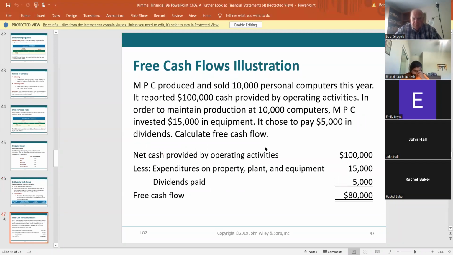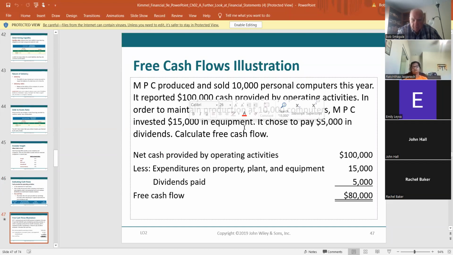MPC produced and sold 10,000 personal computers, and it did its cash flow statement, and it said our cash flow from operations was a positive $100,000. They're going to invest or have invested in equipment, which is investing cash flow, and it chooses to pay $5,000 in dividends, which is financing.